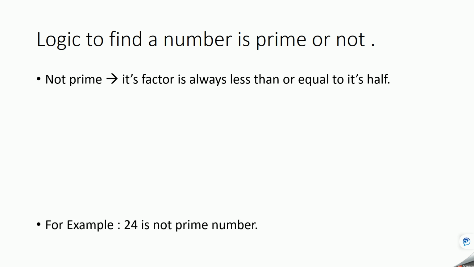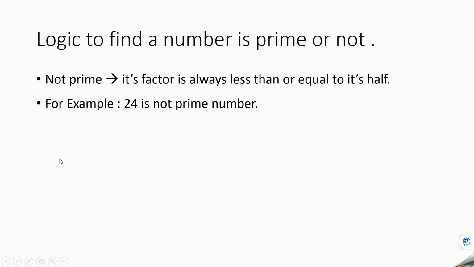What do I mean by that? Suppose 24 is a prime number. Sorry, 24 is not a prime number. In this case, the smallest value by which 24 is divisible is 2, and this 2 will always be less than half of the given number.